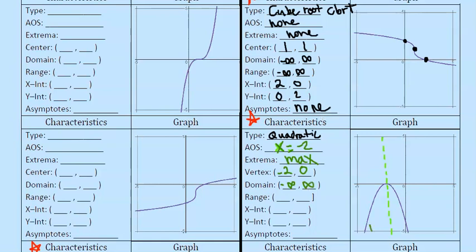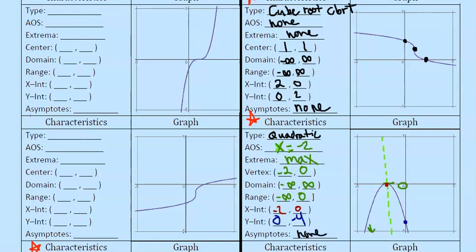And then the range is from negative infinity to 0. The x-intercept is -2, 0. And then the y-intercept would be 0 comma -4. And then there are no asymptotes here.